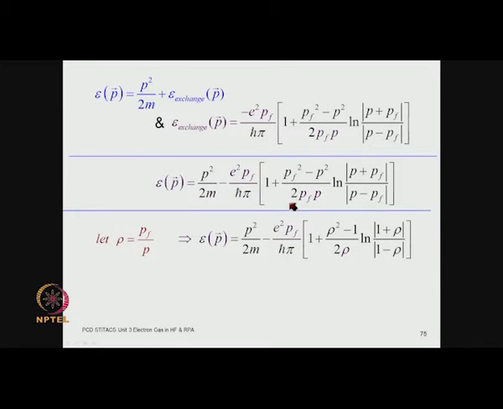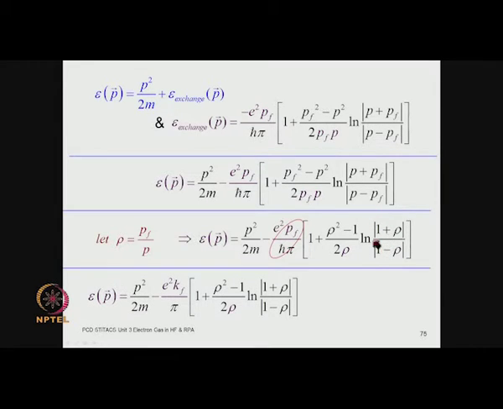So, there is nothing new with this except that it is being written in terms of the ratio rather than p and pf. Okay. So, you get rho square minus rho over here, and here inside you will get 1 plus rho and 1 minus rho. Now, pf over h cross gives you the kf. So, that is all there is to it, the rest of the terms being the same.